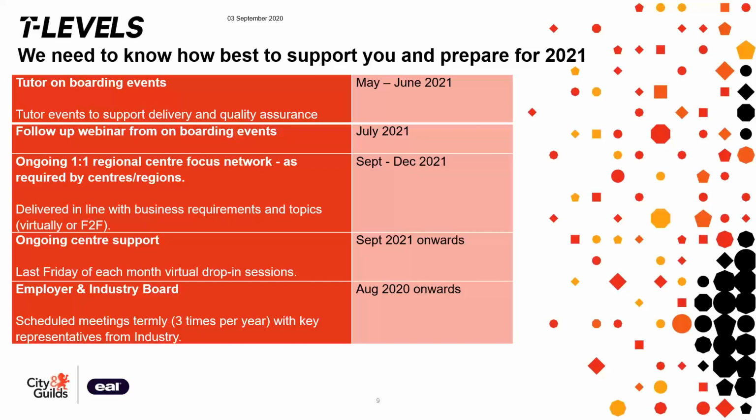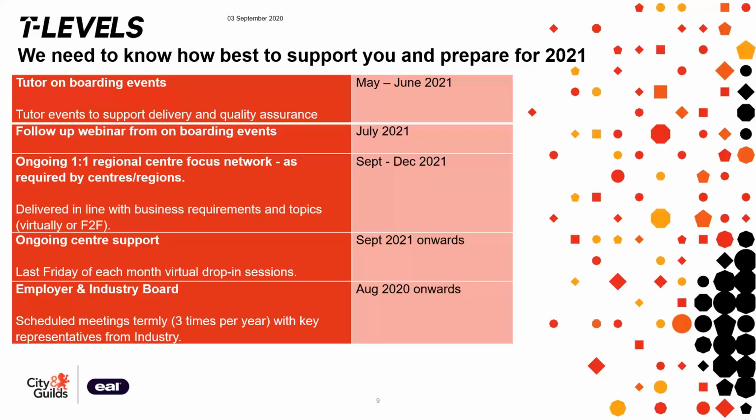And then into September, December 2021, when delivery will start, we're going to introduce some ongoing one-to-one regional centre focus networks. And they're going to be as required, per centre or per region. And they'll be virtual or face-to-face, obviously COVID permitting. Going on then into September 2021 and onwards, there's going to be ongoing centre support.